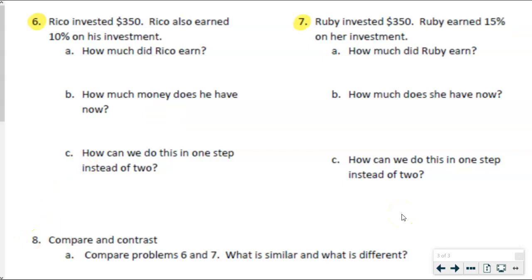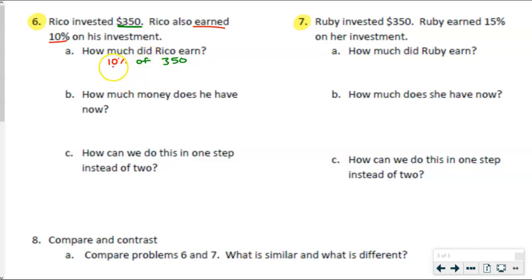Rico invested $350. Rico also earned 10% on his investment. So once again, we have our original amount of $350 and we have an earning of 10%. How much did Rico earn? Once again, that means what we're asking is, what is 10% of 350? 10% of the original amount, 350.